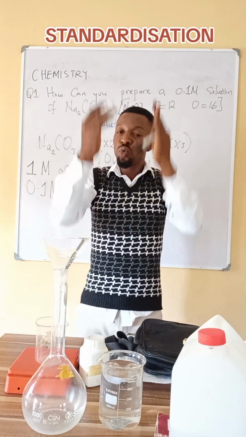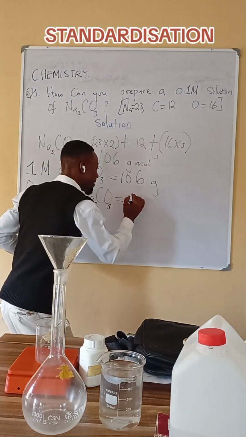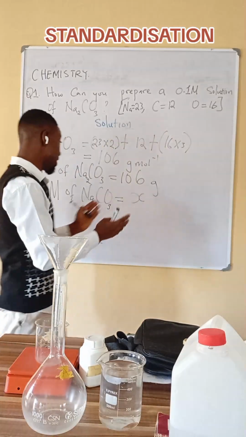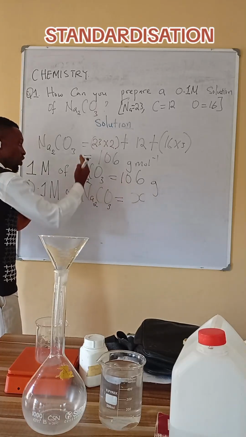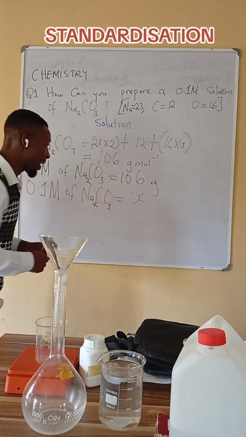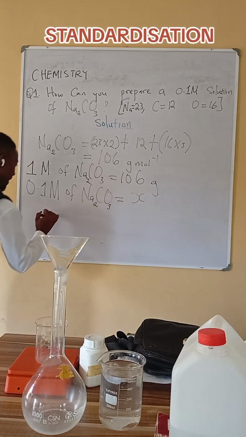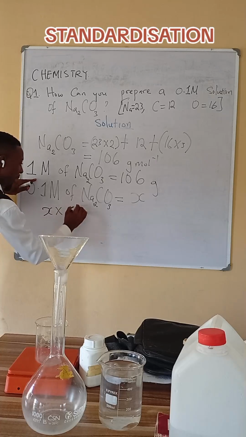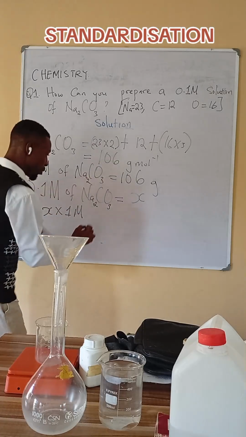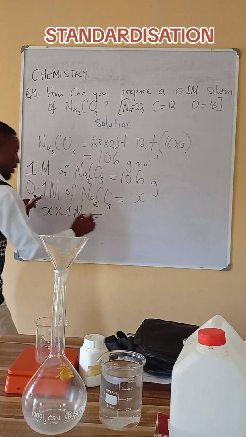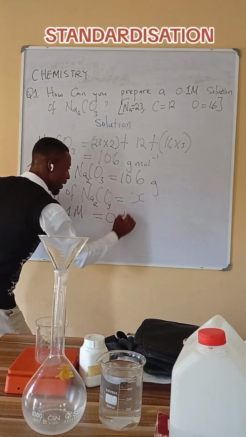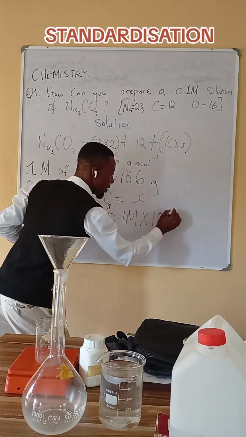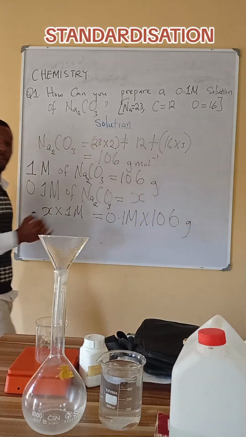That is the mass which is unknown, so you represent that with X. Mathematically, we are going to cross multiply. If we cross multiply, then X times 1 molar solution of sodium carbonate will be equal to 0.1 molar solution times 106 grams.